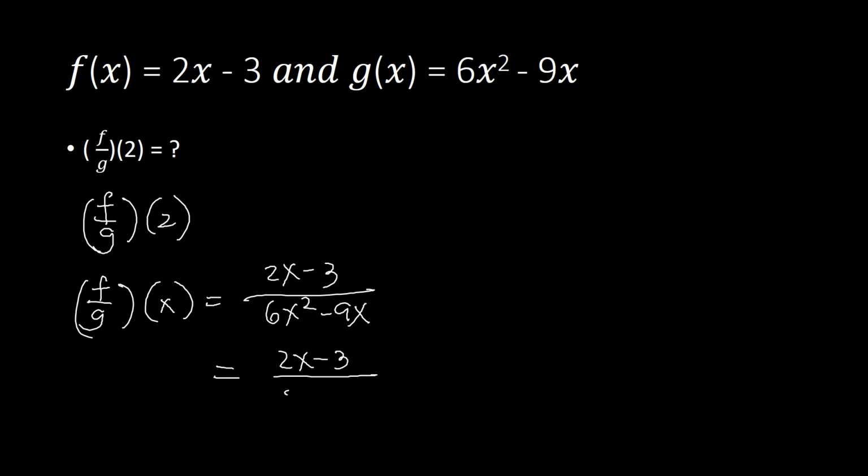So we've got 2x minus 3 times your 3x. So I can cancel this out. So we've got there 1 over 3x.